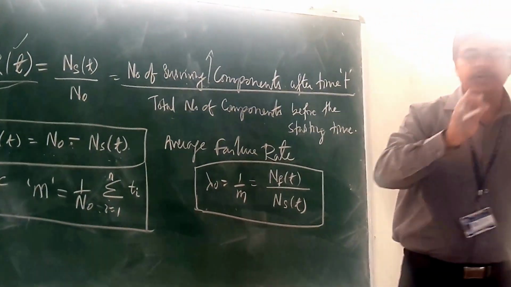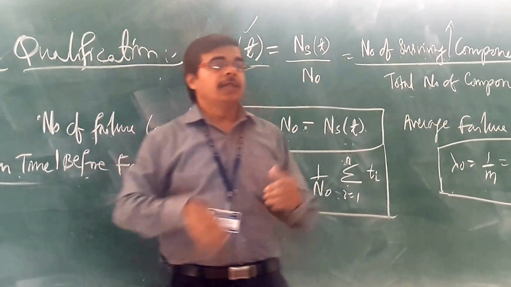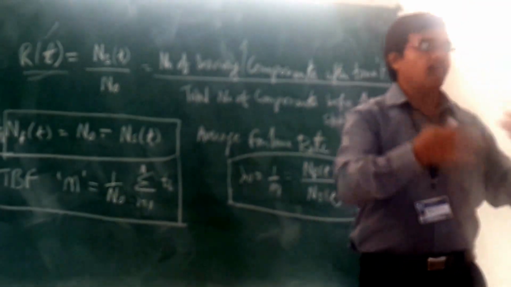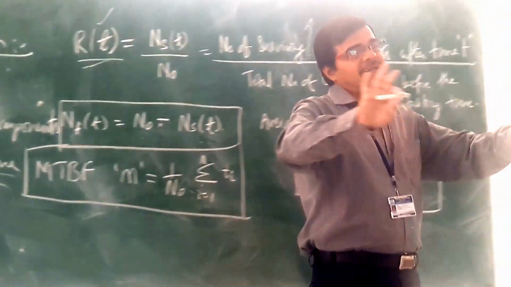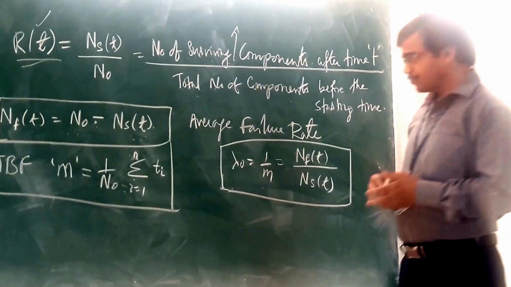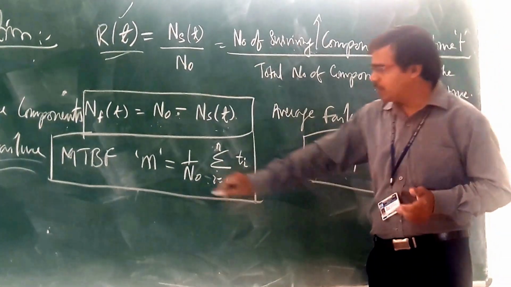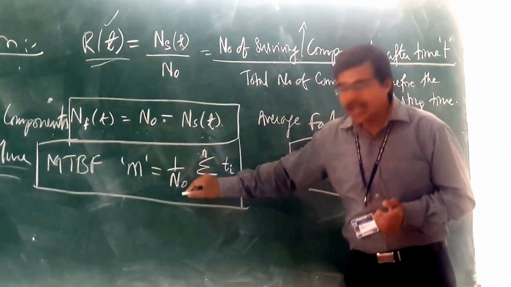If the life of the satellite is over and a failure occurs in some sub-block after that, it doesn't matter much. Your mean time before failure is denoted as small m, and it is 1 by n naught.